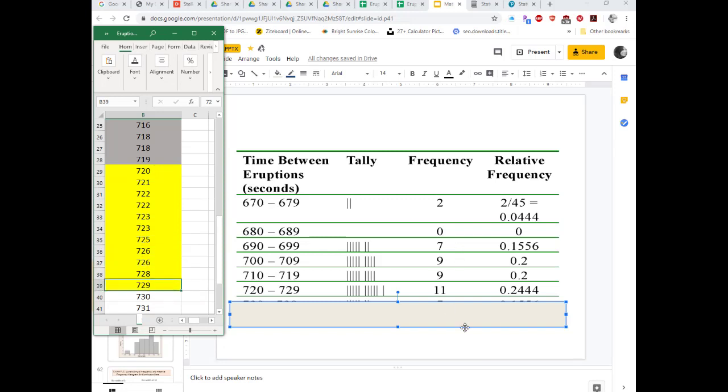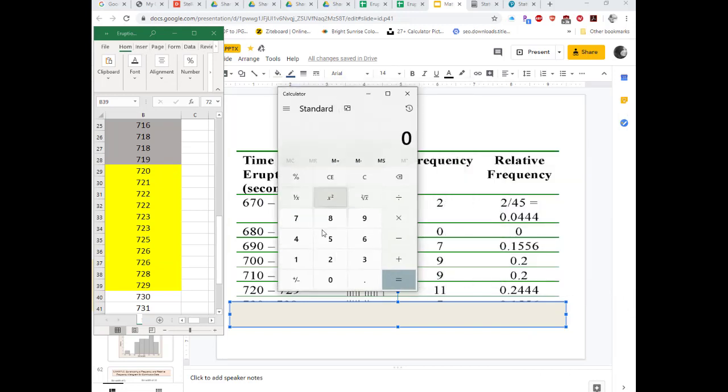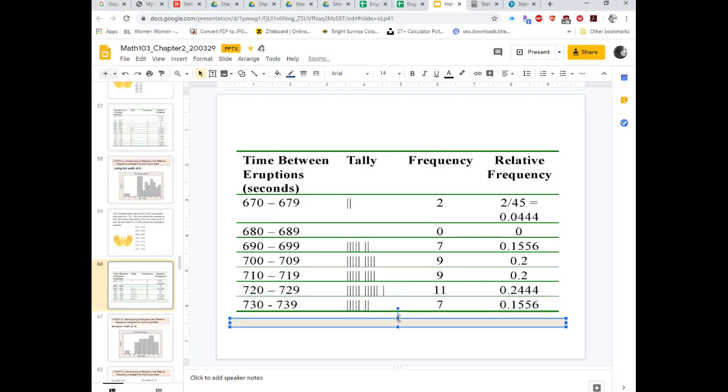Okay, so it's 11 out of 45. I don't have that calculated yet, so I'm going to drag my calculator over. Clear, clear, clear. 11 divided by 45 is going to be 0.244444.